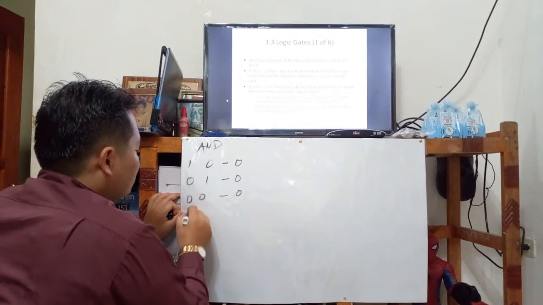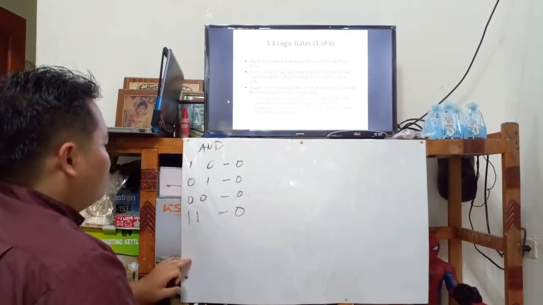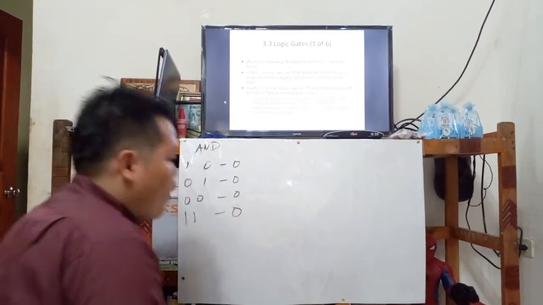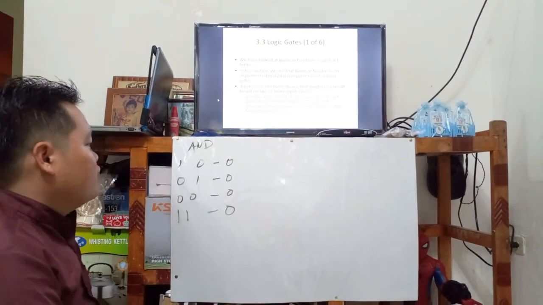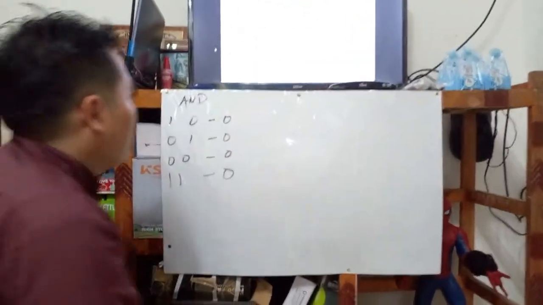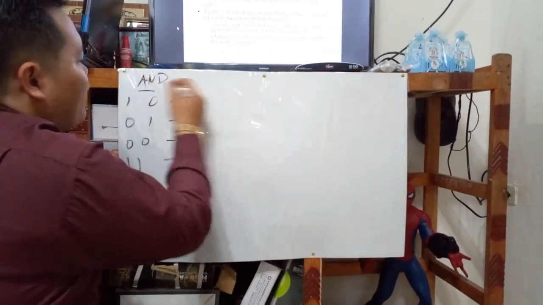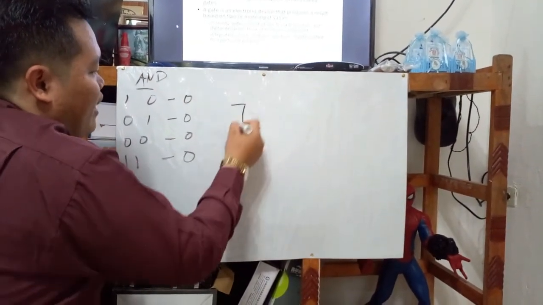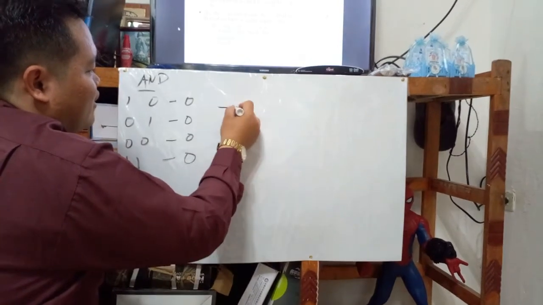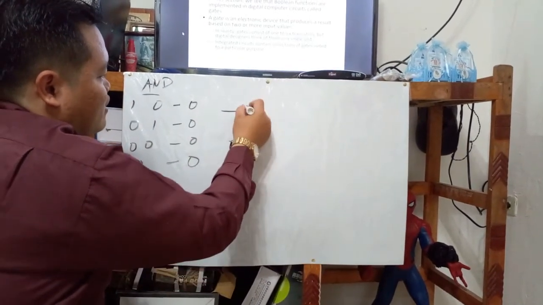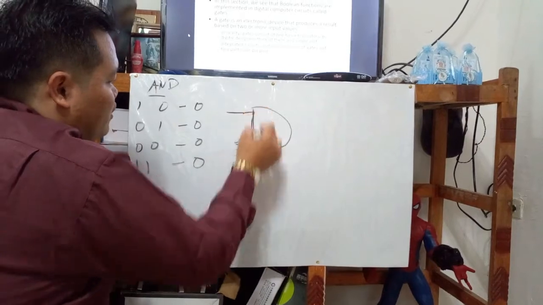And 1, 1 is 1. So same if there is 1 nga false sa imong statement, your answer will be 0. So your logic gate symbol sa and is like that. So this is your and.